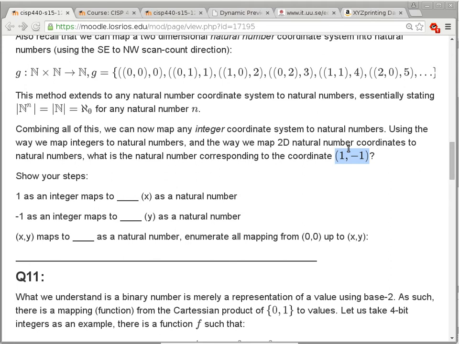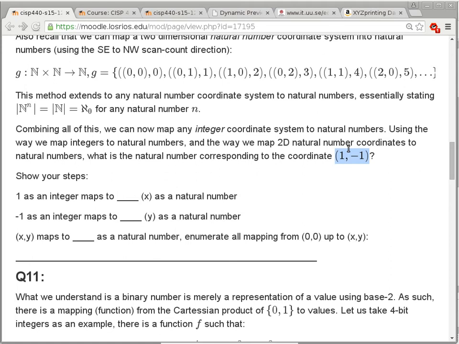And that's enough. Is that okay? That's the first step. So since we are dealing with (1, -1), when we convert 1 and -1 to natural numbers, the 1 becomes a 2, and the -1 becomes a 3. No, -1 becomes a 1.